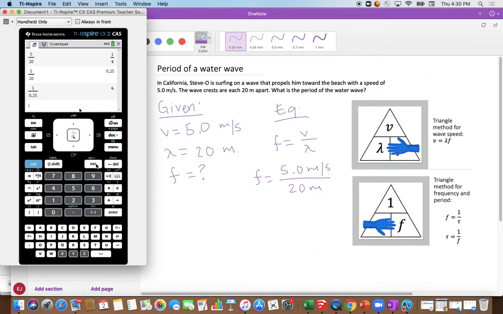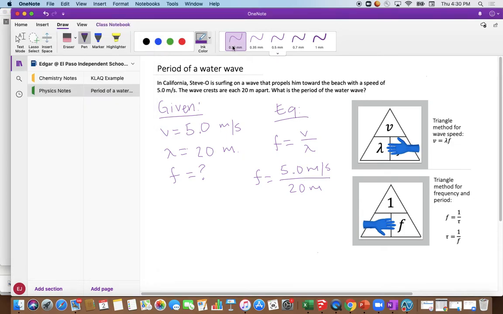Now let me clear this up. 5 divided by 20. That is 1/4. If you want to see it numerically, 0.25. So we write frequency equals 0.25 hertz.